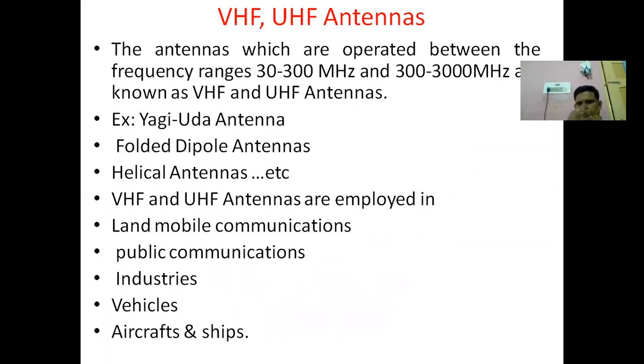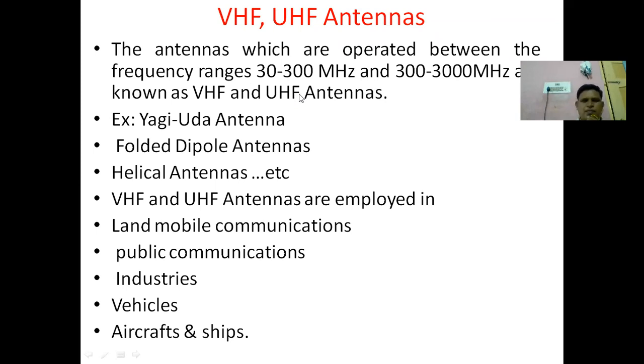If the operating frequency of an antenna falls in the range 30 to 300 megahertz, that type of antenna is called a very high frequency antenna. Similarly, if the operating frequency of an antenna is in the range 300 megahertz to 3000 megahertz, or 3 gigahertz, these types of antennas are known as ultra high frequency antennas.